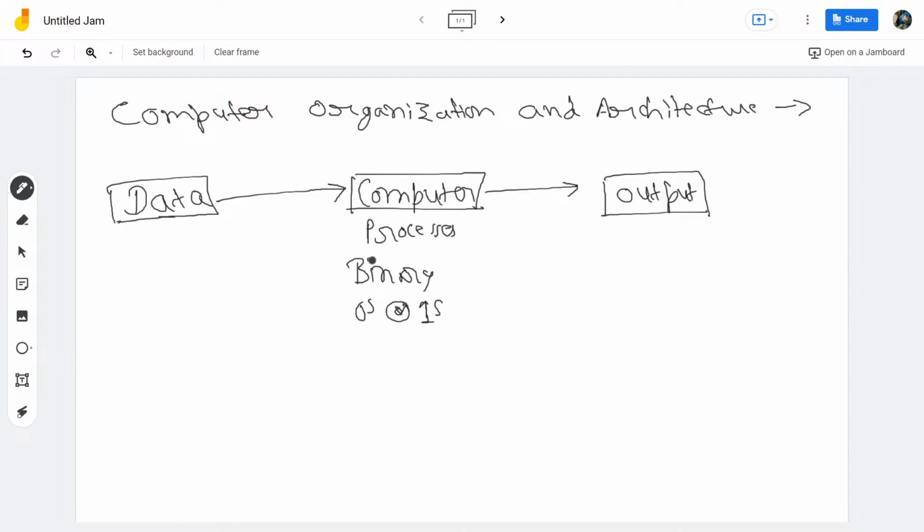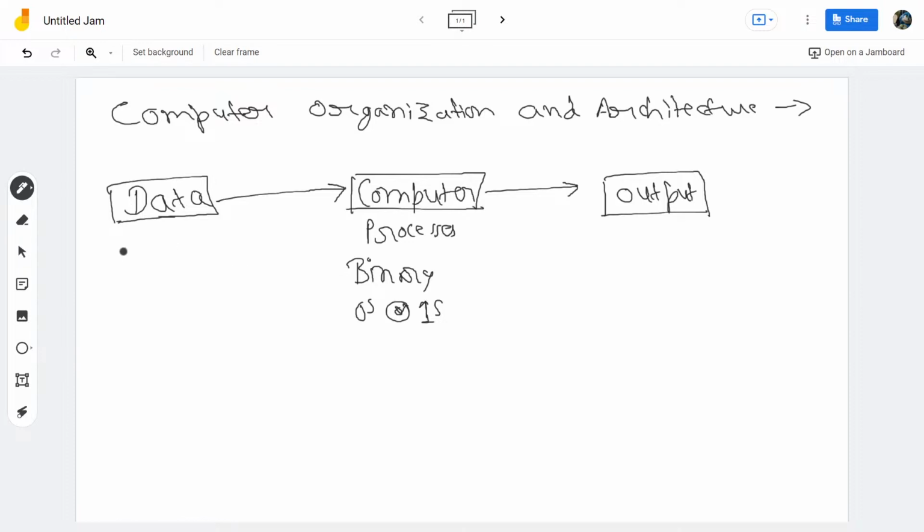A computer basically understands the data in the form of binary, but we cannot directly give the instructions in binary format. It would be a very cumbersome task for us to write the data in binary form.